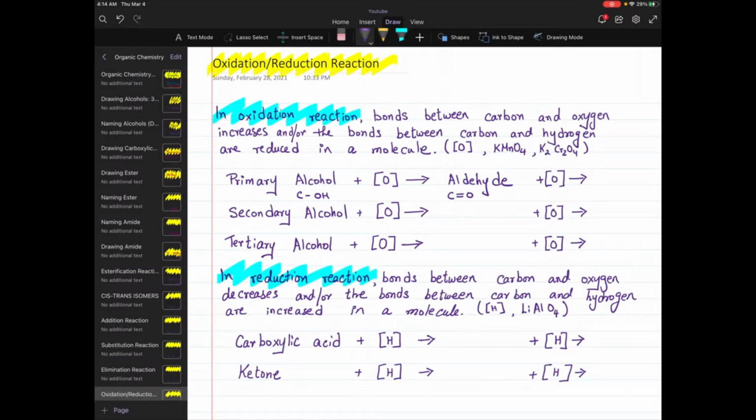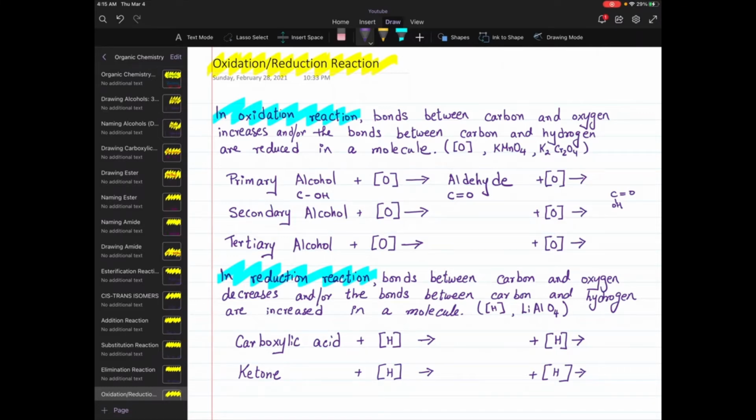Now, the aldehyde can undergo an oxidation reaction as well. When an aldehyde undergoes an oxidation reaction, we cannot create a carbon to oxygen triple bond, but we can increase the bonds between carbon and oxygen by adding a hydroxyl group. So now the carbon at the end of the molecule is attached to a hydroxyl group and a carbonyl group.